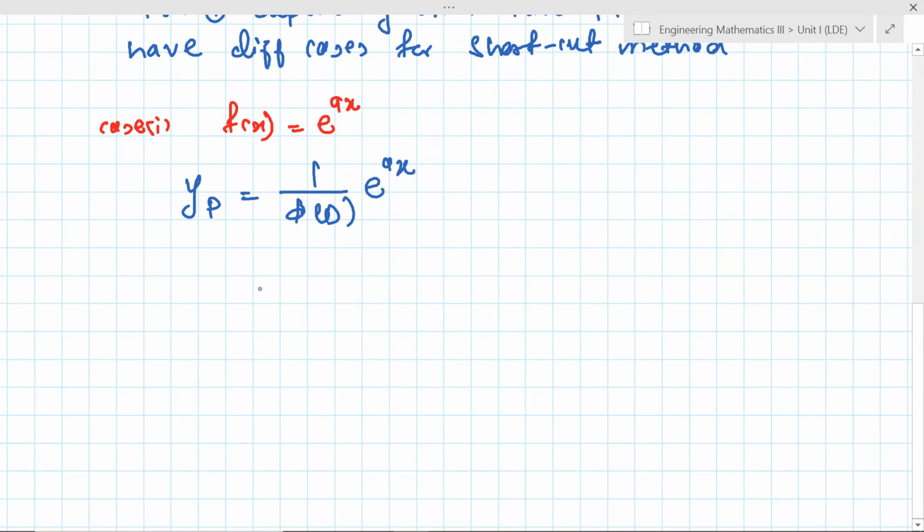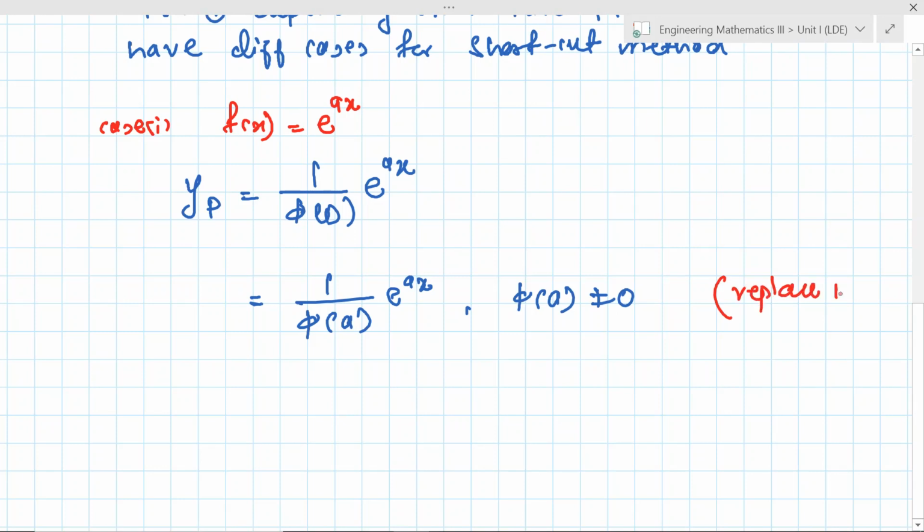Now we have to replace D by a: 1 upon phi of a into e raised to ax, provided that phi of a is not equal to 0.